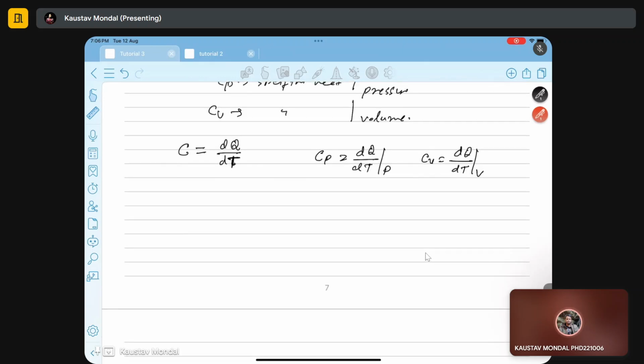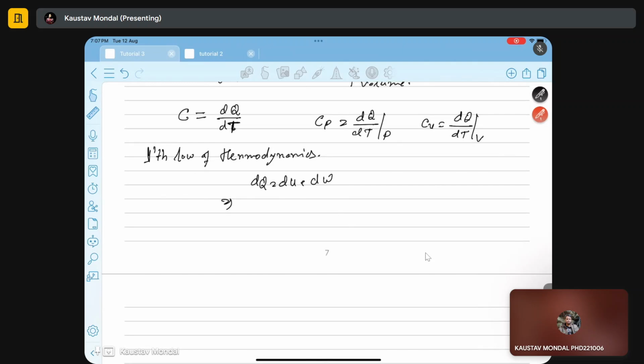You can further simplify it. Let's first do it for Cv. From the first law of thermodynamics, we know that dq equals du plus dw. Dq is du, and dw is pdv, right?